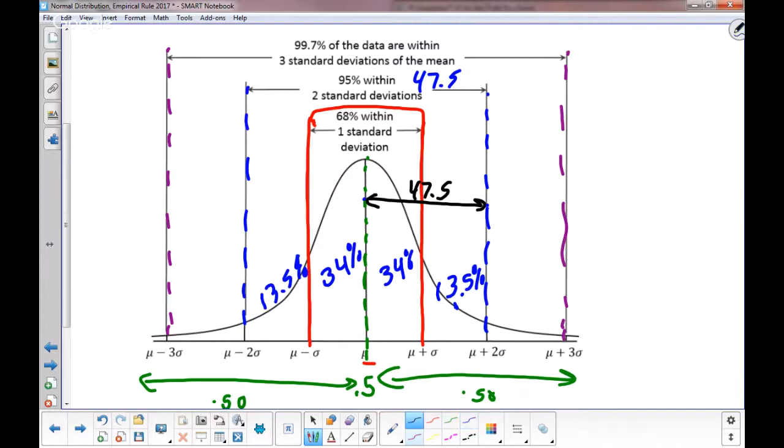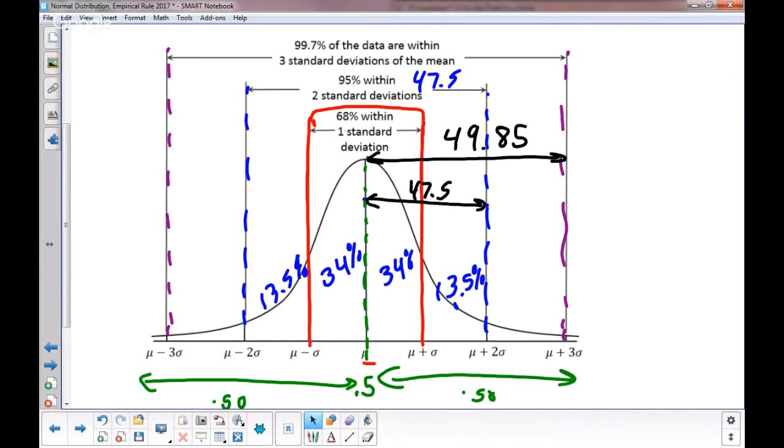How much data is it from the mean to out here? Again, it chops it in half. So half of 99.7 would be 49.85. If you just took 99.7 and divided by 2, that's what you get.